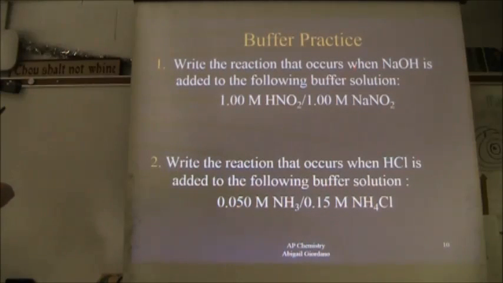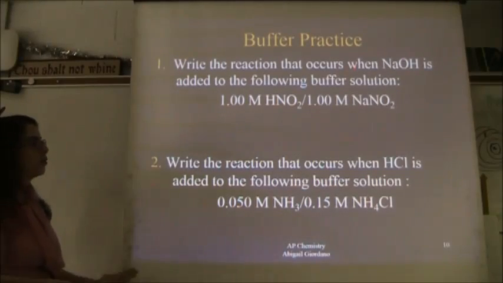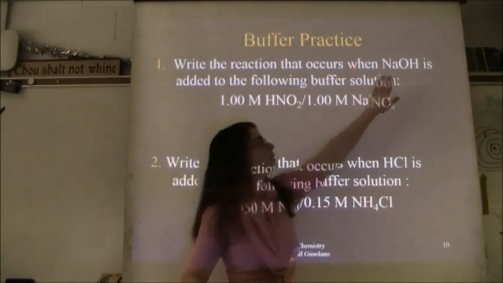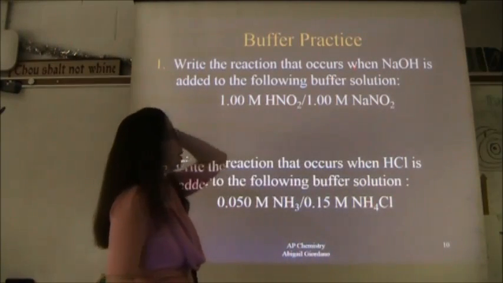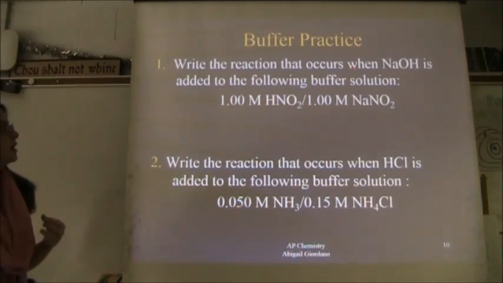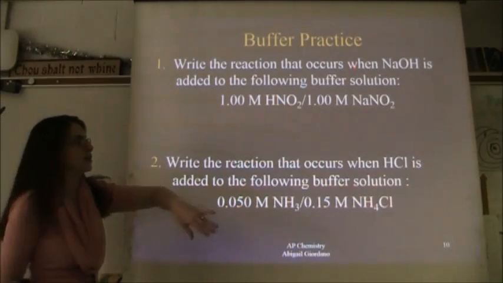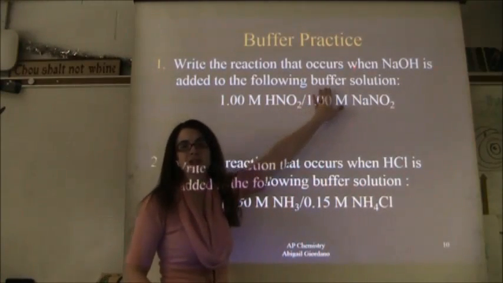It says, write the reaction that occurs when NaOH. Stop there. What is that? What kind of a base? Okay, a strong base is added to the following buffer system. Now they're already telling you it's a buffer system.